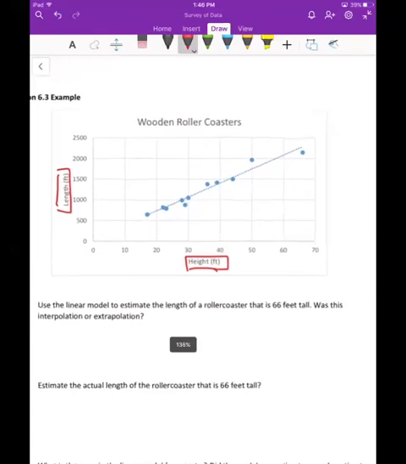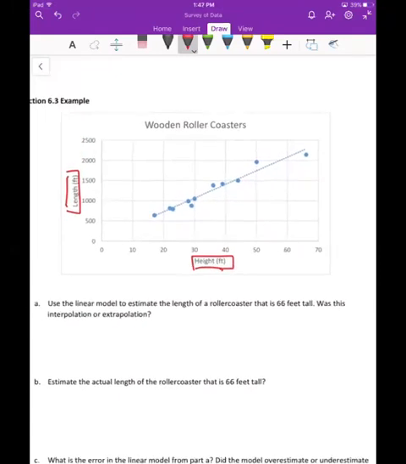Okay, so the first question I want to look at is using the linear model. This means we're only focused on the line to estimate the length of a roller coaster that is 66 feet tall. Then we're going to answer the question about interpolation or extrapolation.